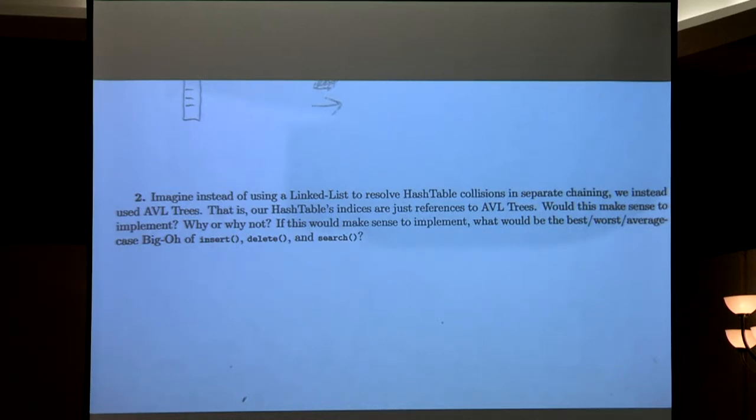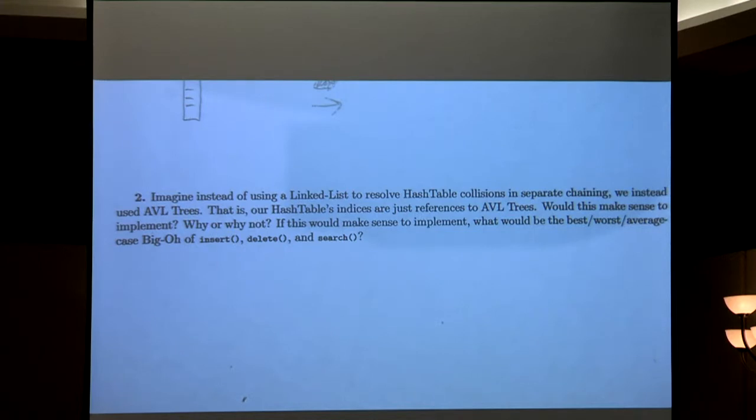Just a constant amount, yeah. If you've got a good hash function, each sub-AVL tree should have maybe like 2 or 4 things in it. I guess less than 20, right? That's like a constant amount. Or even like less than 100. Because then log 100 is tiny, right? That's super acceptable, right? To traverse through an AVL tree that's got only 100 things in it.